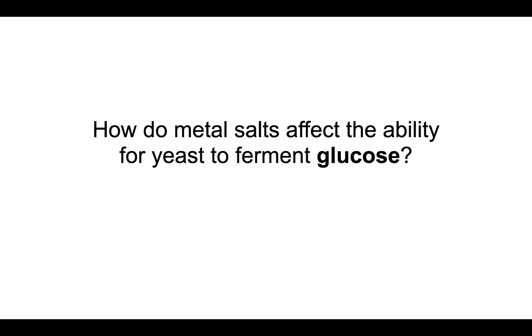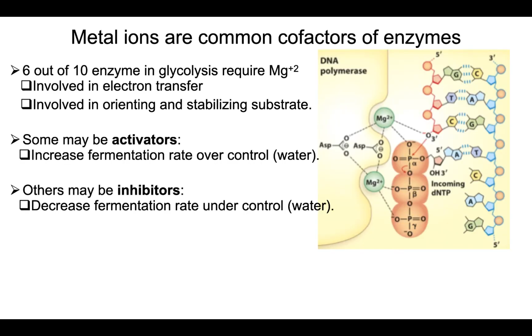Next, we're going to use a fuel source that we know yeast can ferment, that's glucose, and then we're going to see how metal salts might affect the yeast fermentation of glucose. Because it turns out that many enzymes use metal ions as cofactors that are necessary for them to catalyze reactions.